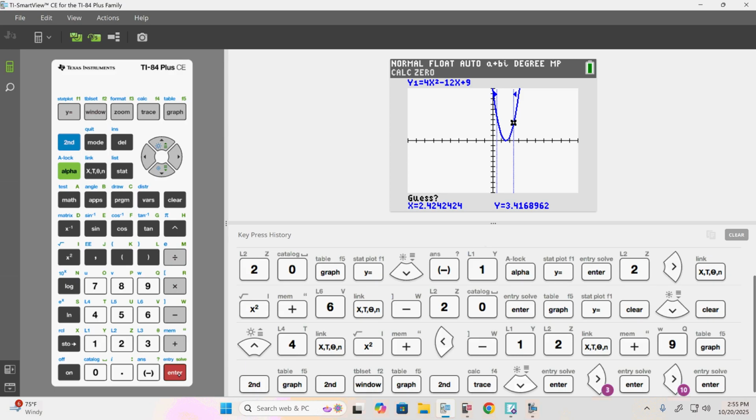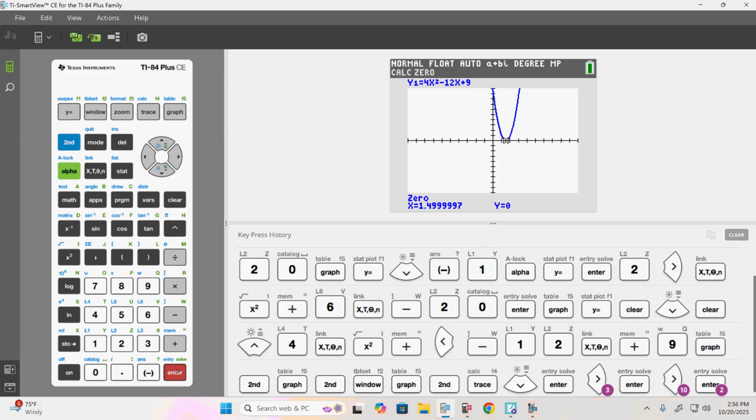So what we're telling the graphing calculator is, somewhere between these two spots, there's an x-intercept. Now at this point, it's asking us, do we want to give a guess at what that x-intercept is? At this point, I'm just going to say enter. I'm not going to try to guess. I'm just going to say find it.